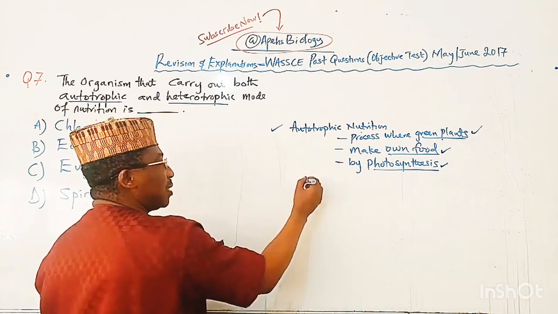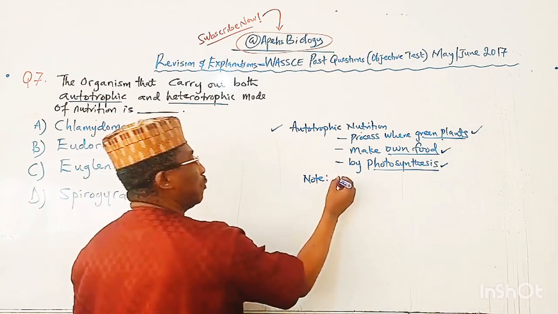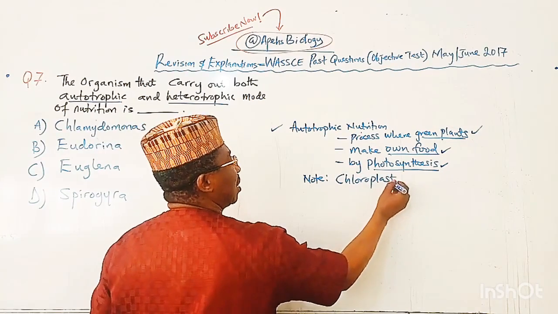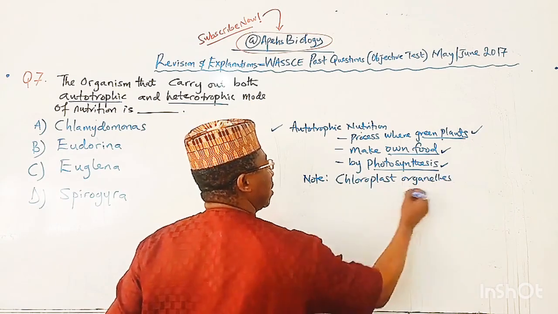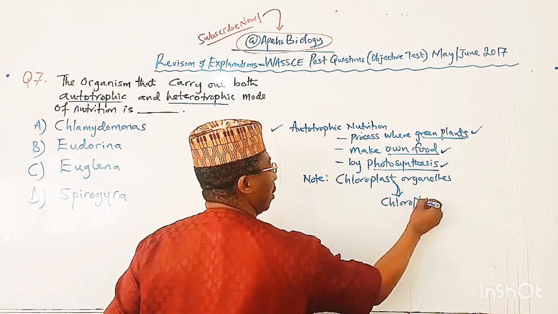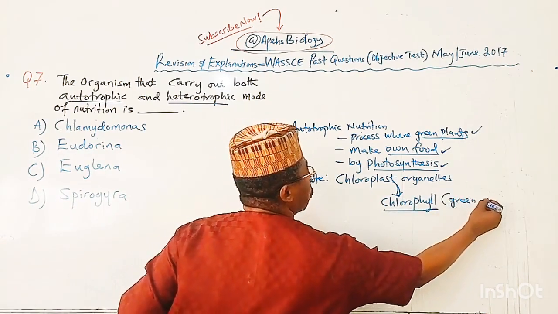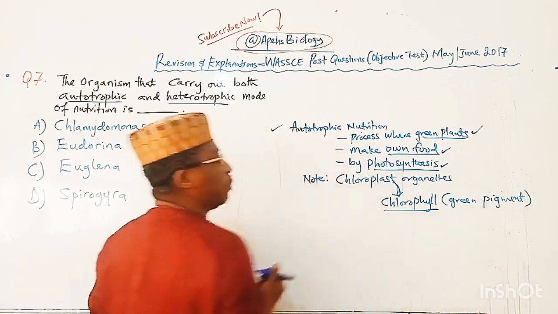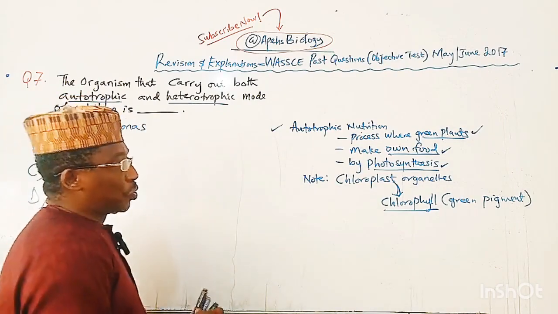Do not forget that this process involves an organelle in plants called chloroplast. It is this chloroplast in plant cells that contains the green pigment called chlorophyll, that traps sunlight for the purpose of photosynthesis. So without the green pigment, you cannot talk about autotrophic nutrition.